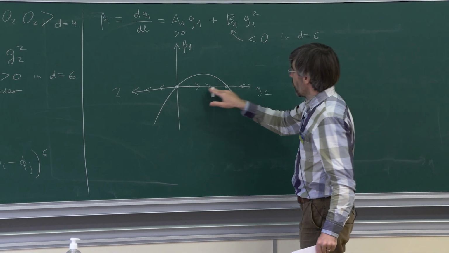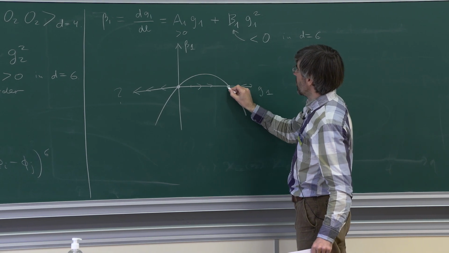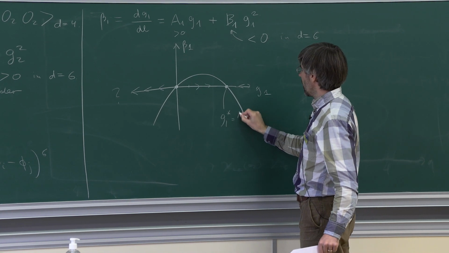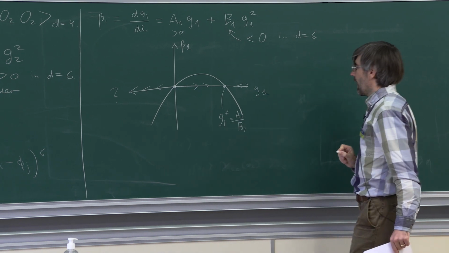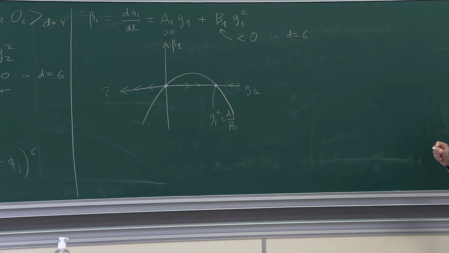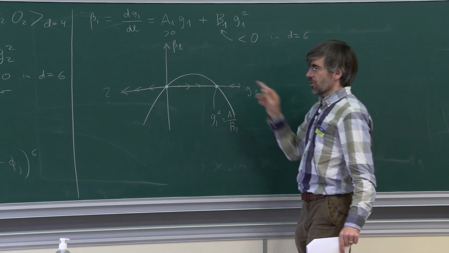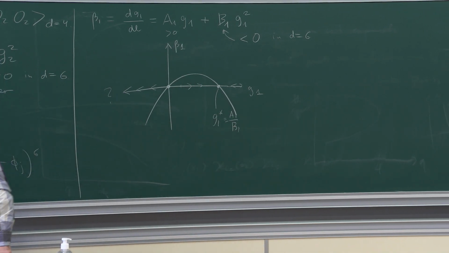If G1 flows to this fixed point here, which is going to be at some value equal to minus A1 over B1, then in principle, if this G1 star is not too large, then I'm in a strange situation.